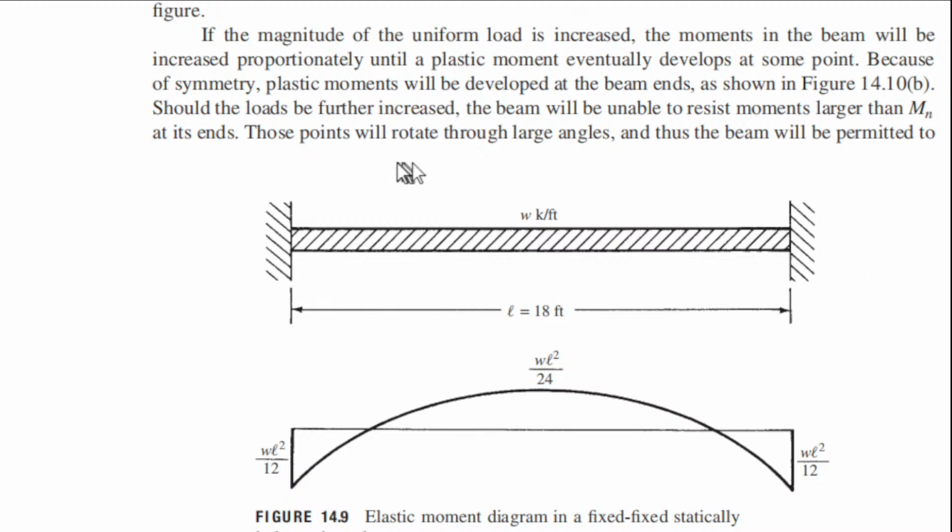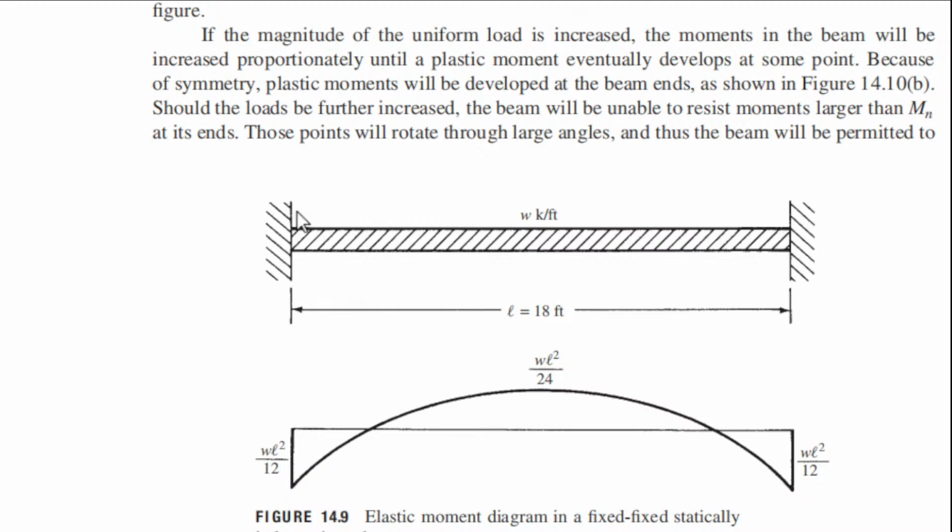Those points will rotate through large angles and thus the beam will be permitted to deflect. What will happen here? Because it has already reached the plastic region, instead of becoming the peaks, it will now start to become a plastic hinge. So you have a plastic hinge here and a plastic hinge here, then your beam is not a fixed-end beam anymore.